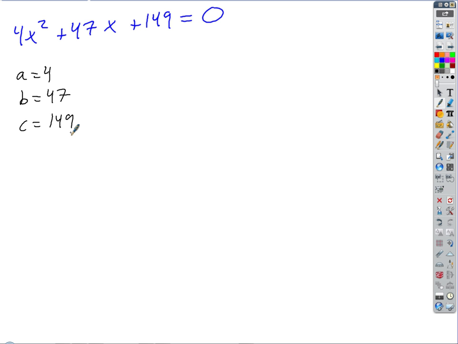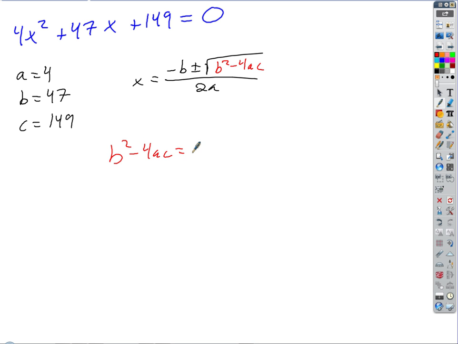So when I apply the quadratic formula here, x equals negative b plus or minus square root b squared minus 4ac all divided by 2a. I'm going to check the value of that discriminant to just see if I have to go through this whole hassle. So let's try this. b squared minus 4ac is going to give me what value? That's 47 squared minus 4 times 4 times 149. Let's see what that gives me if I put that in my calculator.